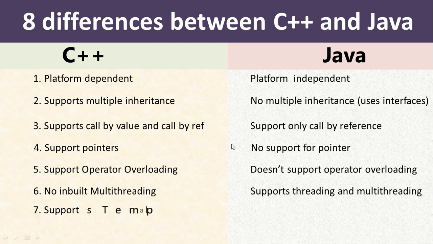Alright, let's look at the next one. C++ supports templates. Java does not support templates, but it achieves the same result using generics. What are templates? Templates are types that are defined, but the actual type is specified at runtime.